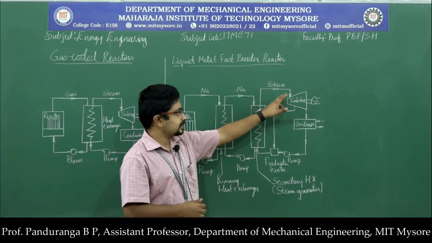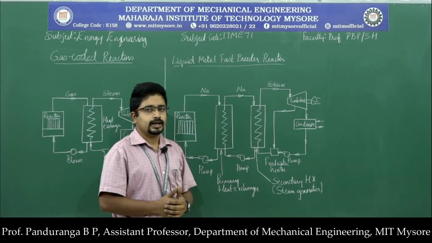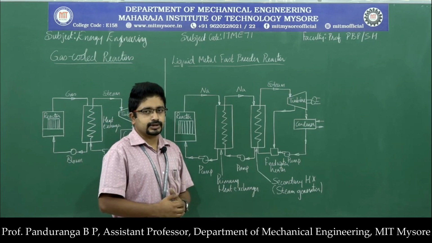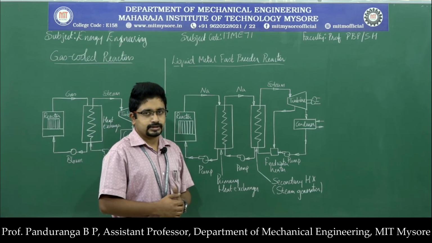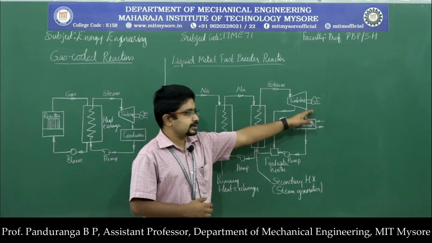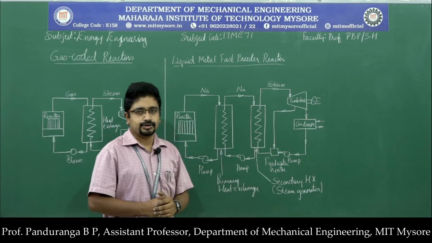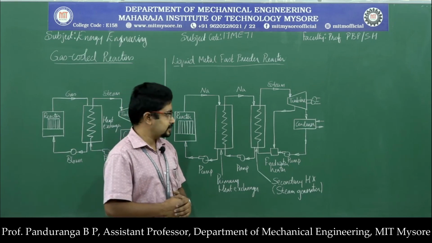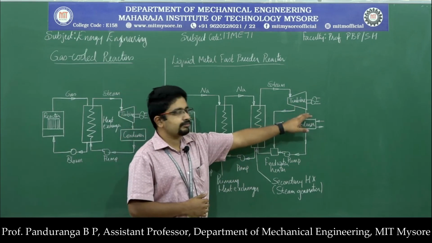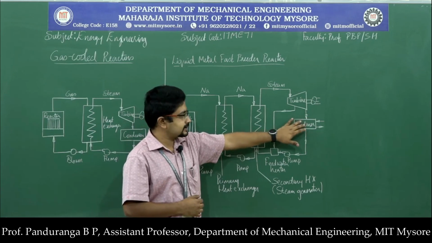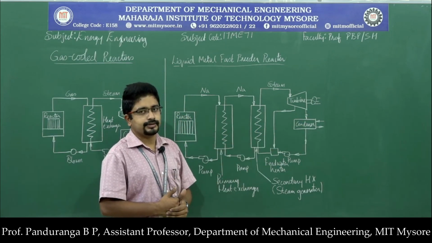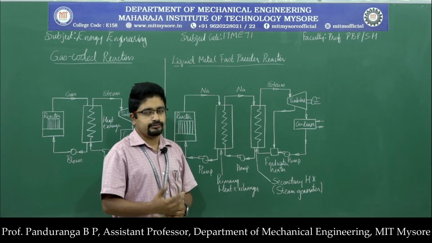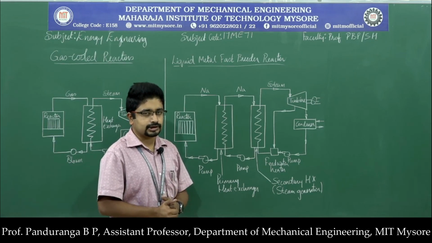That steam enters the turbine and transfers its energy to the blades of the turbine, which in turn converts that into rotation of the shaft, which is coupled to a generator, and that generator produces electrical energy. After the steam passes through the turbine, it enters the condenser, where we supply cooling water and condense the steam into liquid water.